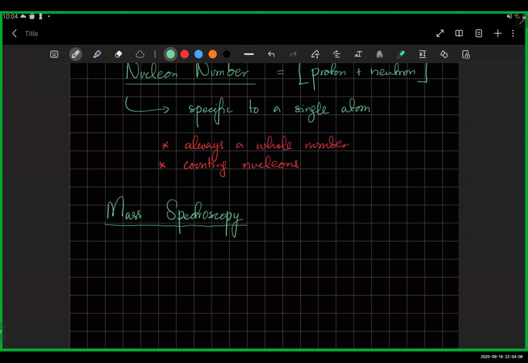This is a method or a technique. अच्छा ये आप लोगों ने IGCSE में किया हुआ है, we're just going to go into a bit more detail. So it's a technique for finding the relative atomic mass, the average mass of all sodium atoms. Okay.